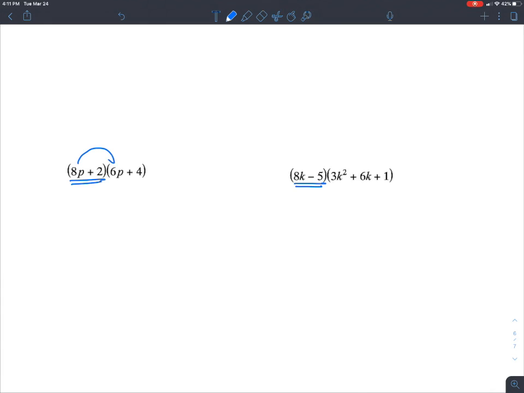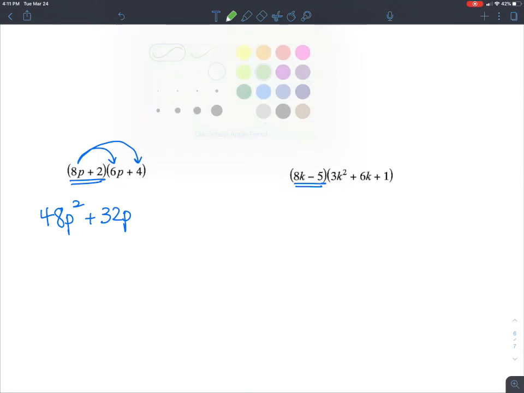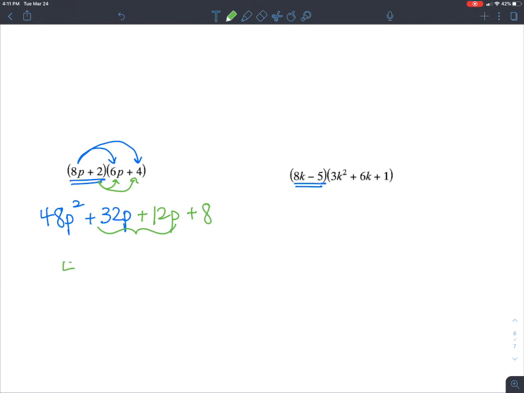So in this case, 8p times 6p, 48p squared, and 8p times 4, 32p. Then we need to continue and do 2 times 6p, which gives us 12p, and 2 times 4, which gives us 8. Now we look for our like terms and combine them.